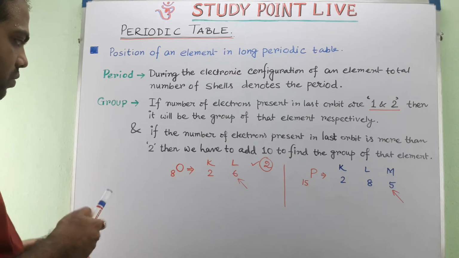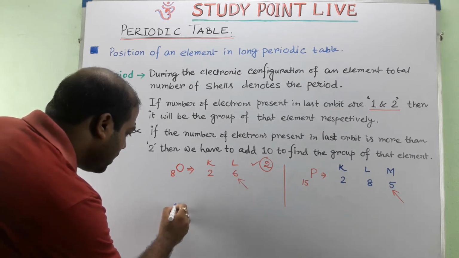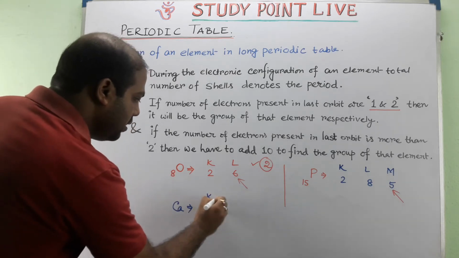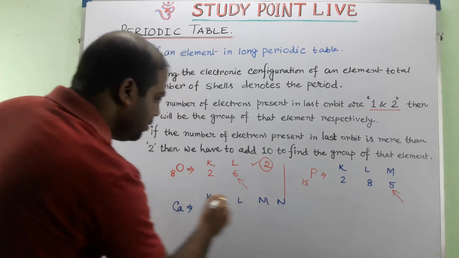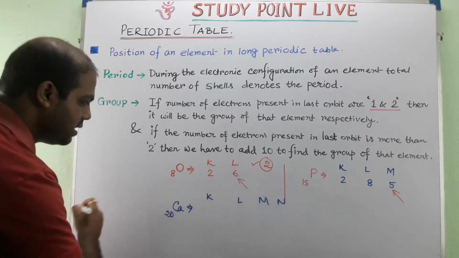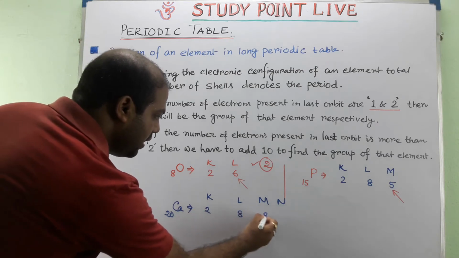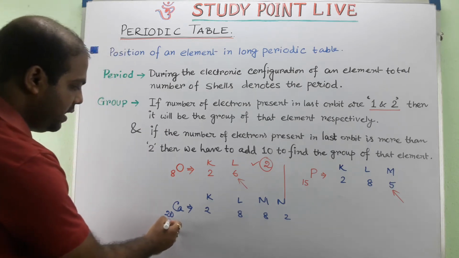So we take another element like calcium. K, L, M, N. Now we have to write the electronic configuration of calcium: 2, 8, 8 and 2. So 20 is covered.